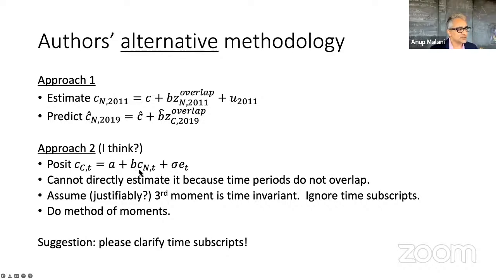Now, you can't directly estimate this because, again, the time periods don't overlap. So they look at some of these moments: the mean, the second moment, the third moment. They point out that the third moment in NSS seems time invariant, which allows us to just ignore the time subscripts. Then I estimate the third moment implication of this equation, ignoring time subscripts, and use that to predict. Okay, so that's another way.